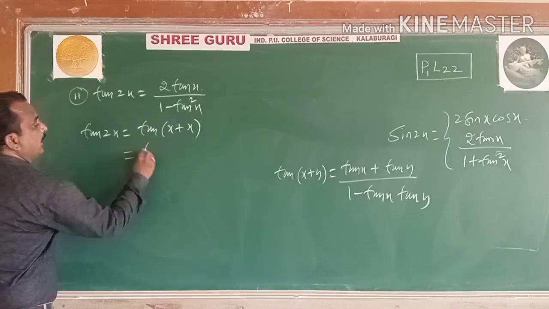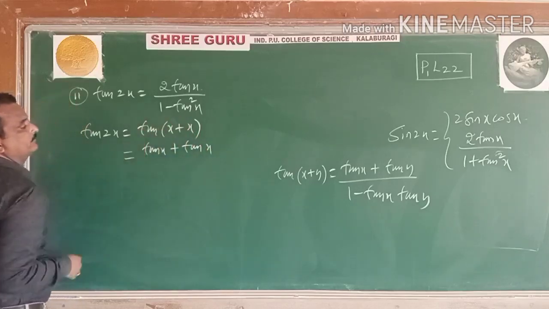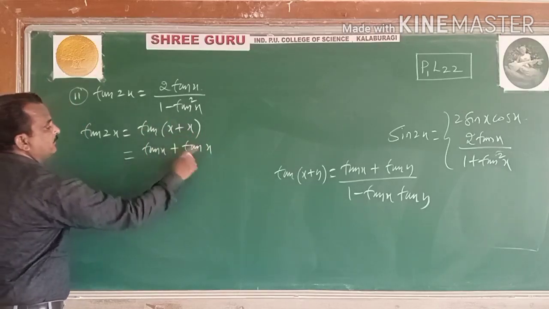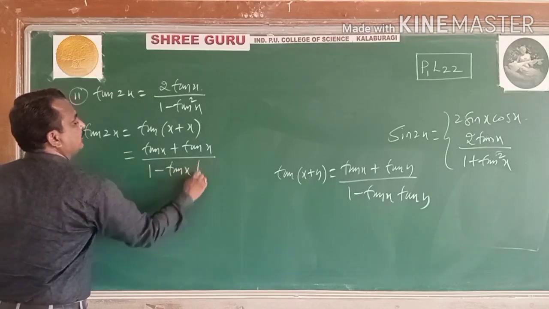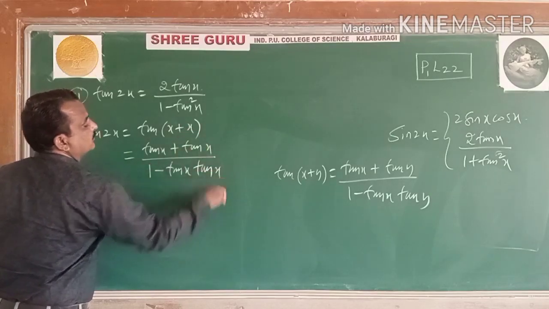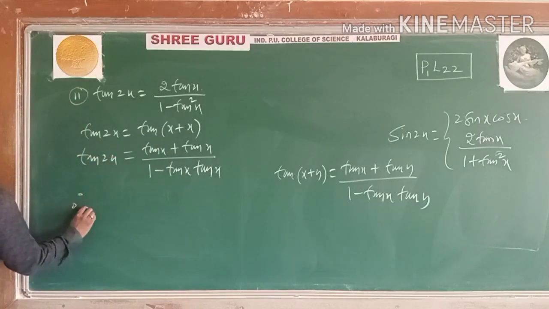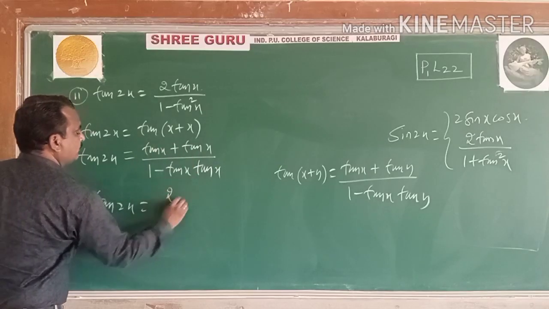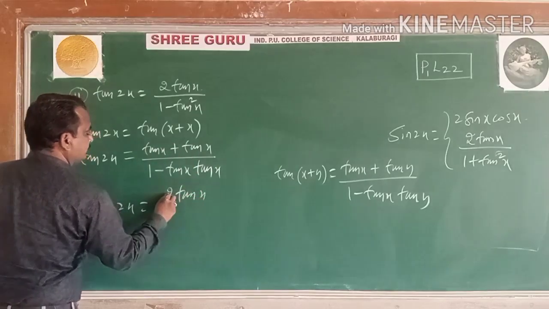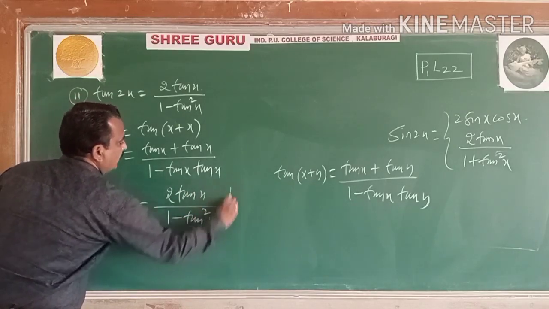See, students, tan x plus y, with y as x: tan x plus tan x divided by 1 minus tan x into tan x. Simplify, students, and see what it becomes. Therefore, tan 2x equals tan x plus tan x, 2 tan x divided by 1 minus tan x into tan x, tan square x.